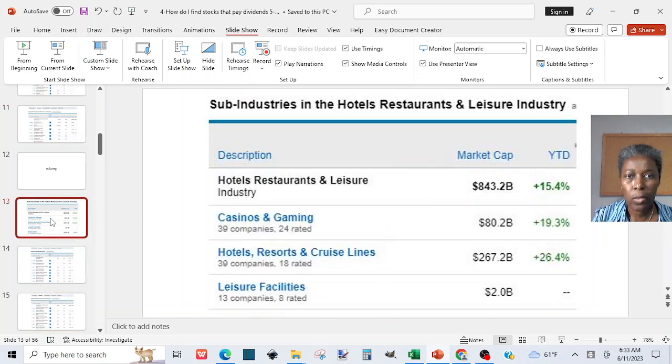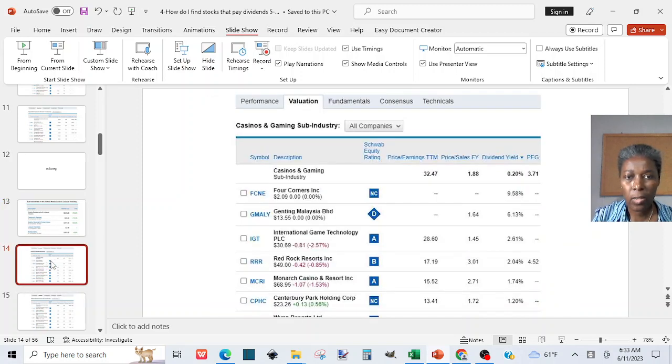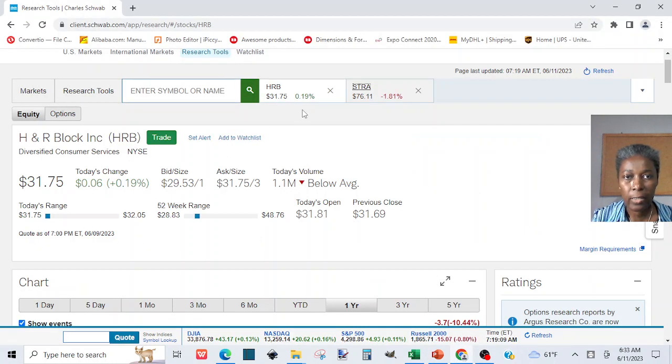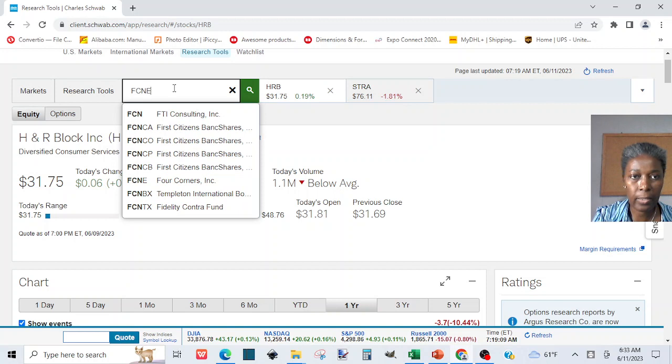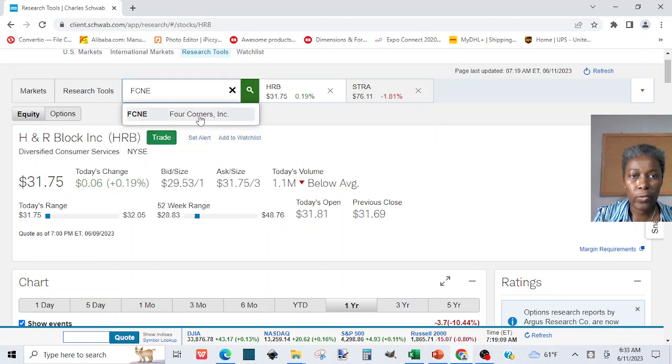So now we will go to the hotel, restaurant, and leisure industry. So we have casino and gaming. Under casino and gaming, we found one, Four Corners Inc. So FCNE. So we'll enter FCNE, Four Corners Inc.